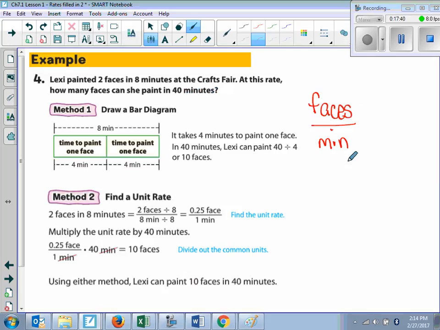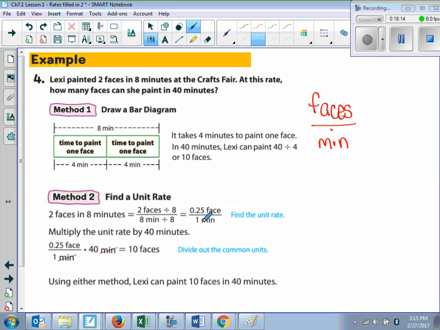So that's how I know what goes in the numerator and what goes in the denominator. So here, we're looking at 2 faces in 8 minutes. That's the original ratio. Then, to change it to a unit rate, we're going to divide the numerator and the denominator by the denominator, 8, and we're going to get 0.25, a quarter of a face in 1 minute. Okay? Now, at this rate, how many faces can she paint in 40 minutes?